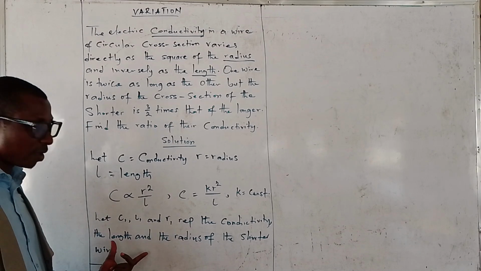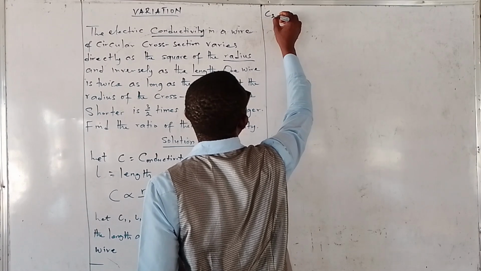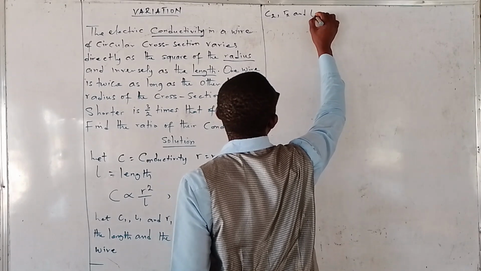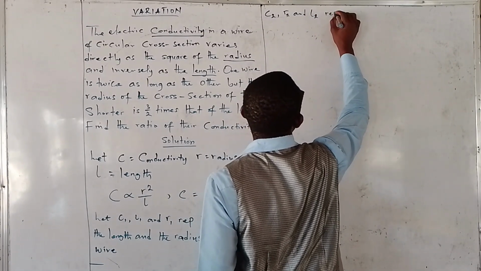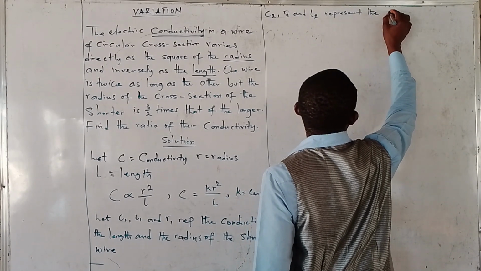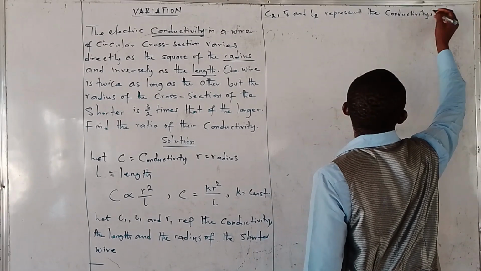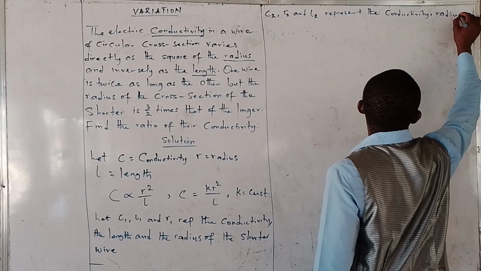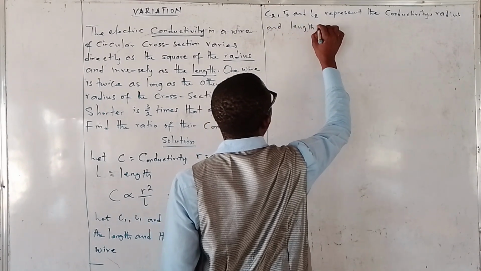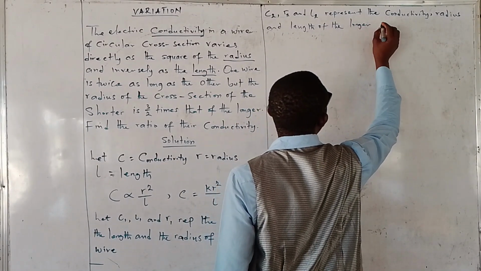Now let us use another set of symbols for the longer wire as well. So we say C2, R2, and L2 represent the conductivity, radius, and the length of the longer wire.